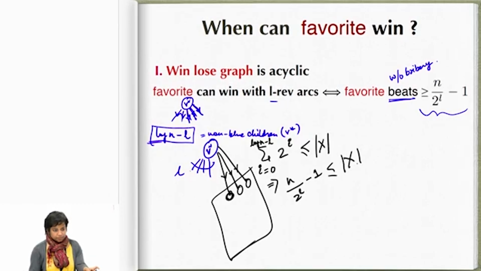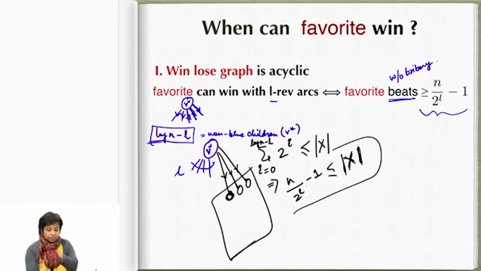Do you agree? This is just a simple summation. So basically this says that if these are the reversed arcs, can you now see why this property can hold?